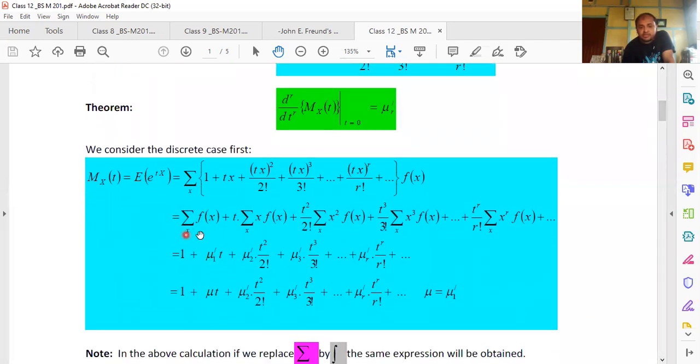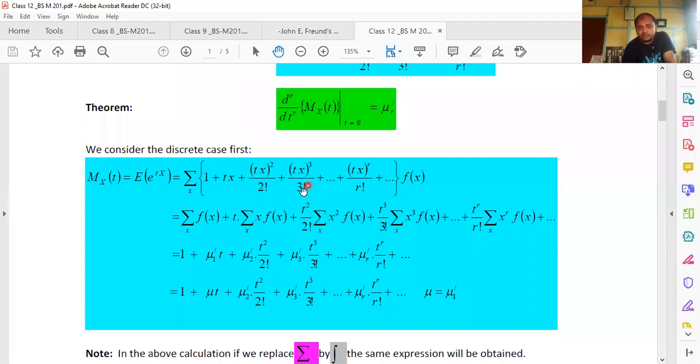The first term is coming out as summation f(x) over x, considering all the possible values of x over here. So it is actually the total probability, which is equal to 1. Small t is the parameter. It is a constant quantity, which is independent of the summation over x. So we can take t outside the summation sign, and inside we get summation x into f(x).